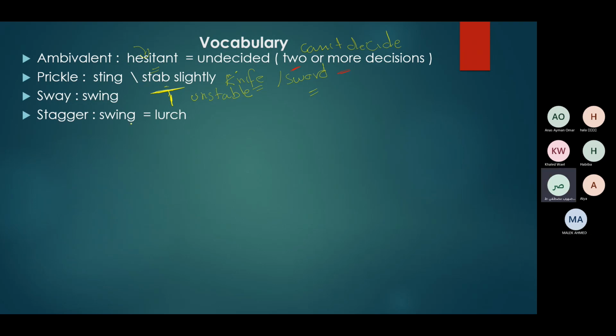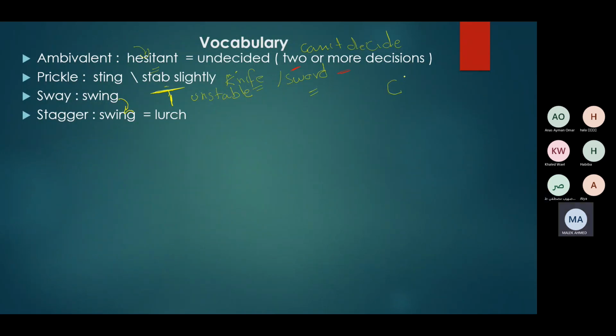Stagger means to swing or to lurch. These words have the same meaning. So have a look at these words: ambivalent, hesitant; prickle, sting or stab; sway, to swing; stagger, to swing or lurch. Any question about these 4 words before I go further? Or is the meaning clear?